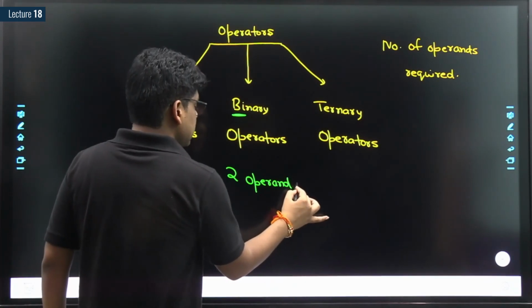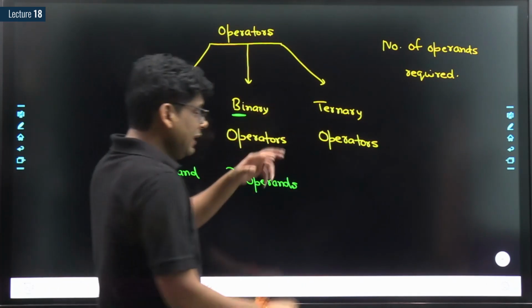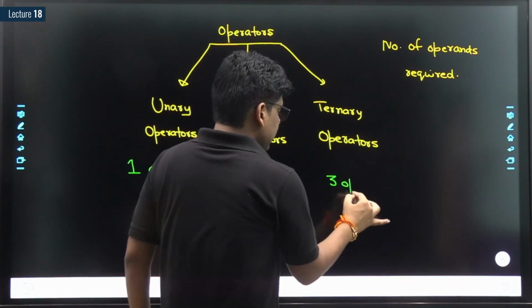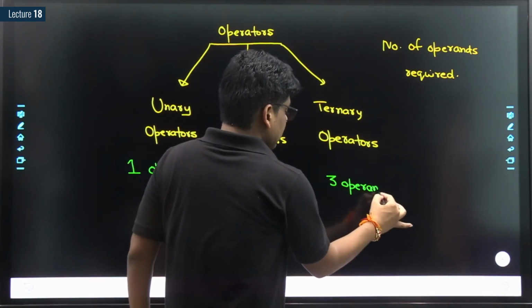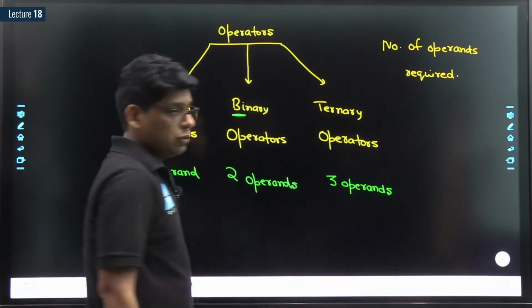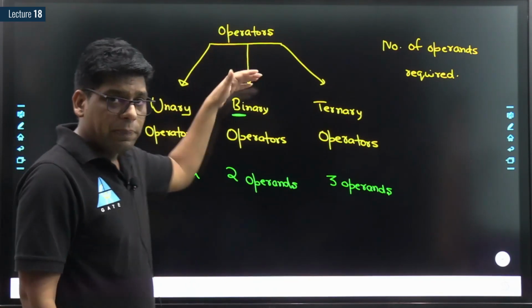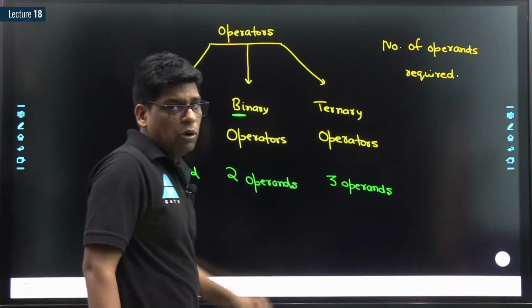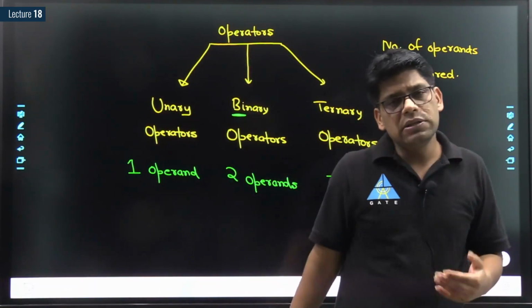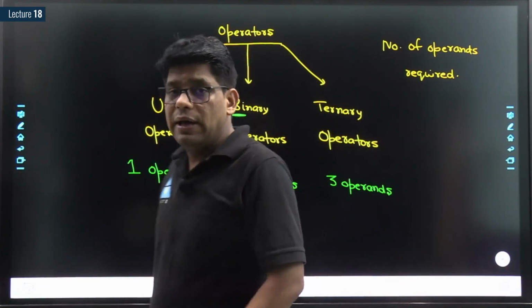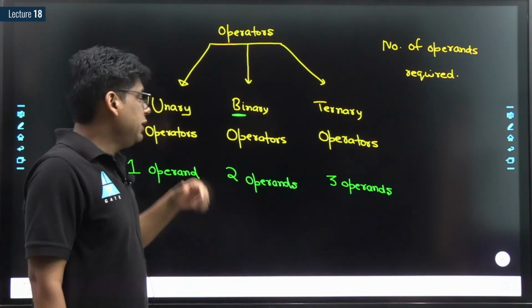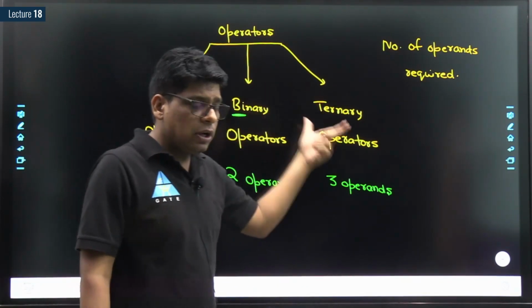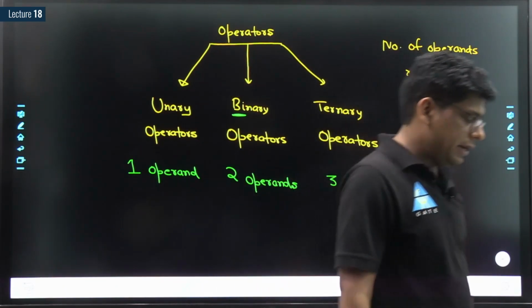Ternary means 3 operands are required. So, an operator may require one operand, two operands, or three operands, and based upon how many operands it requires, it can be a unary operator, binary operator, or a ternary operator.